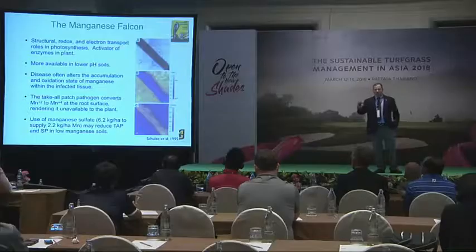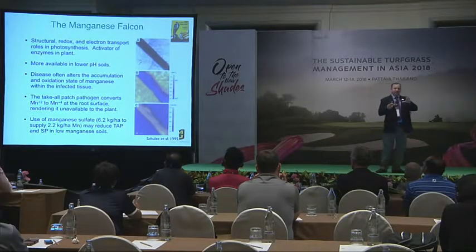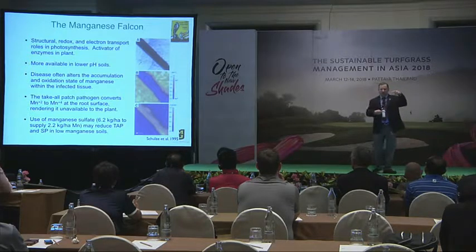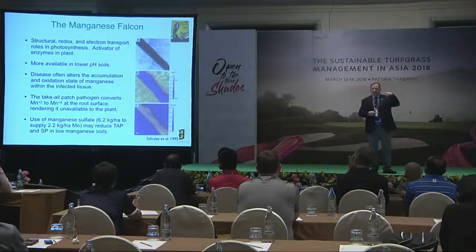And actually, if anybody is familiar with the film The Maltese Falcon, I kind of call this the manganese falcon. So the Maltese Falcon was this ugly bird statue that no one was aware was very valuable. So it got passed around, and then finally somebody figured it out and tried to find it.